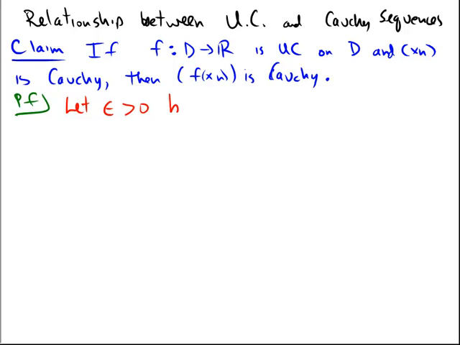If we let epsilon greater than 0 be given, what was the definition of uniform continuity?